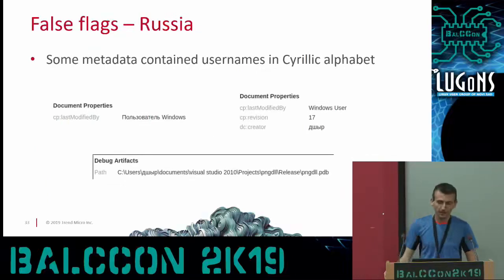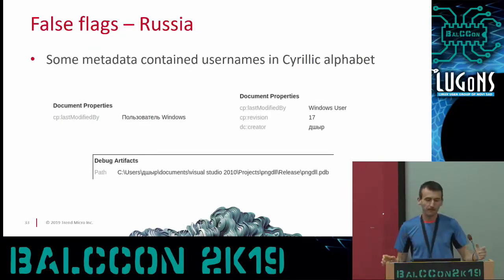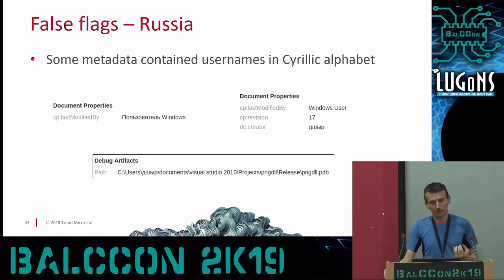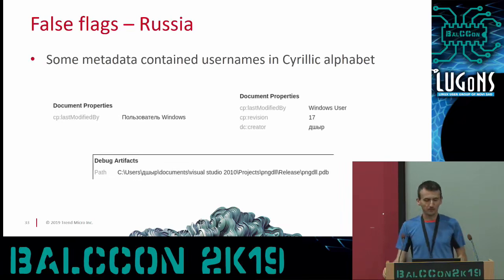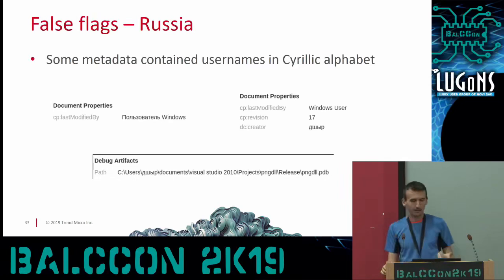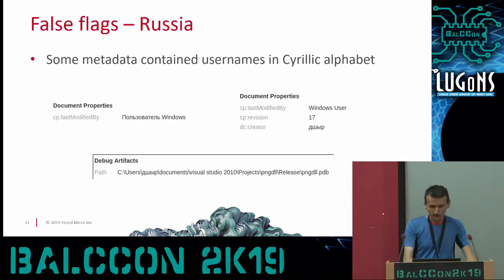Another false flag was related to Russia. They were using the Cyrillic alphabet. I mentioned that they spread their malware using malicious documents, and these documents can have different metadata. You can see the name of the user who created the document, written in Russian, Pользователь Windows, meaning Windows user, or on the right part the creator, in Cyrillic, DSYR, or another artifact in one document, like C users DSYR and something else.